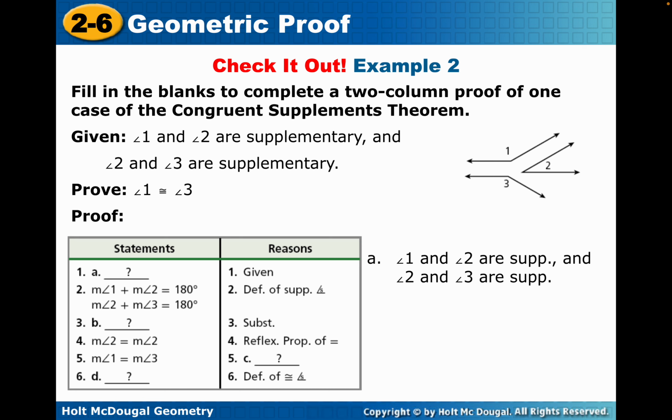If both of those sets equal 180, we can equal them to each other. So your statement 3 is going to be the measure of angle 1 plus the measure of angle 2 equals the measure of angle 2 plus the measure of angle 3. Because both of those sets of angles equal 180, we can equal them to each other. We're just substituting that, putting that these two equal each other, because they both equal 180.